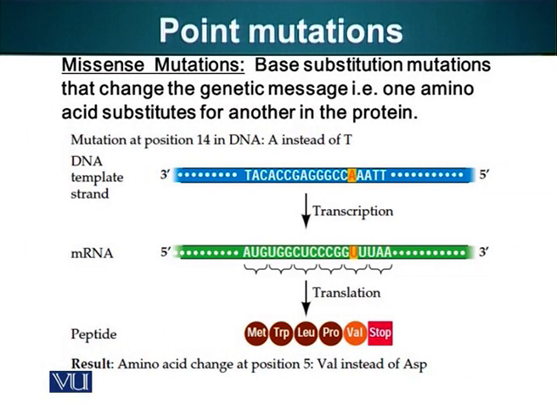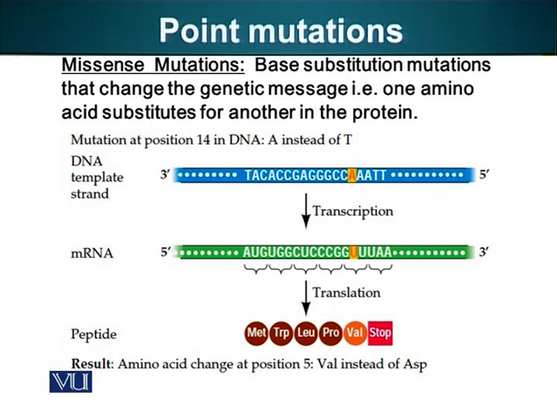There are missense mutations. There are base substitution mutations that change the genetic message. For example, when one nucleotide is switched with a different nucleotide, the protein that is formed subsequently as a result of transcription and translation now has a different amino acid than was originally intended.